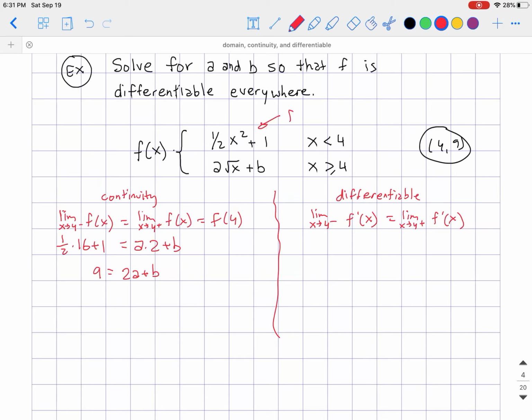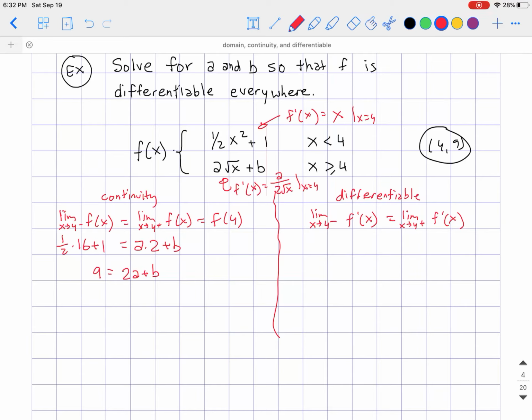The first one, f prime, is just x. Whereas for x greater than or equal to 4, f prime is equal to a divided by 2 root x. Now I'm going to set them equal to each other at x equals 4 because I want to know what happens at that point.